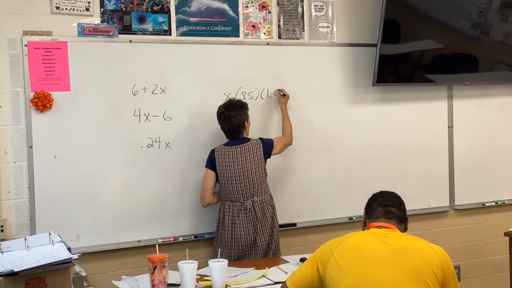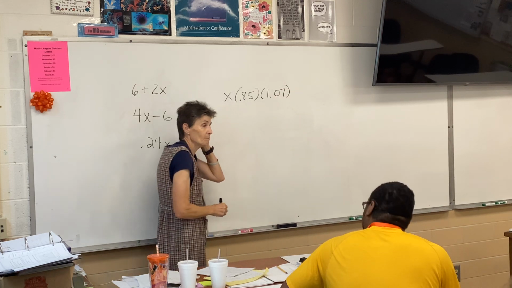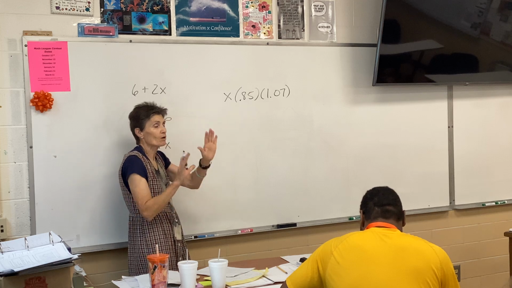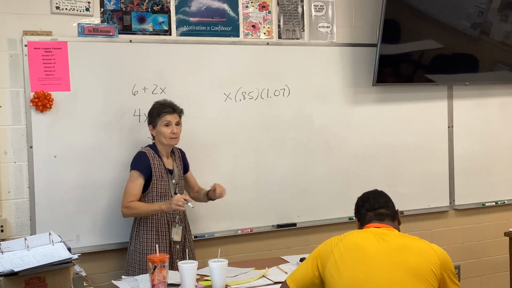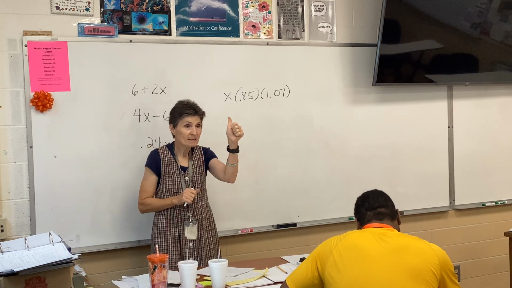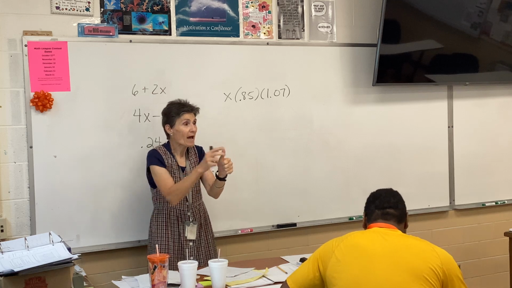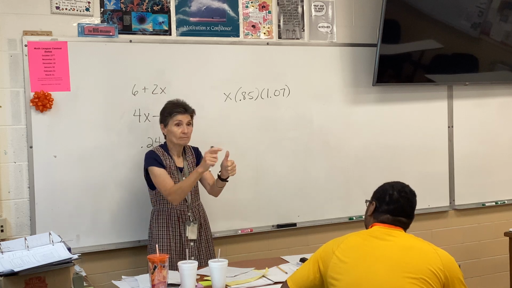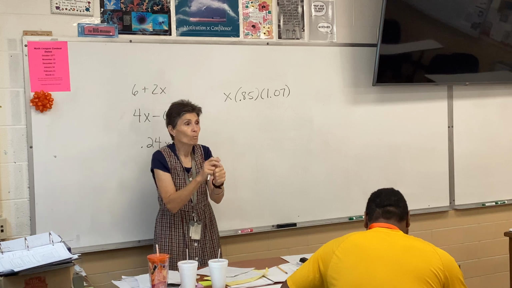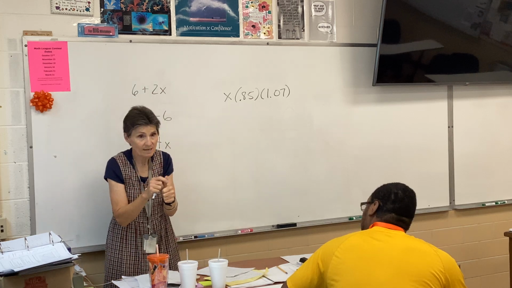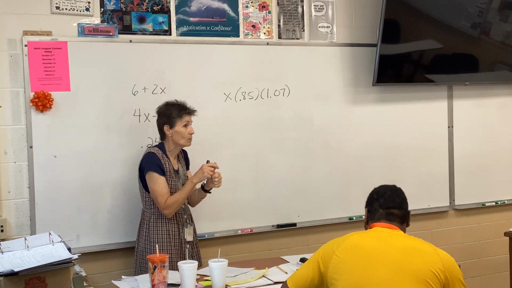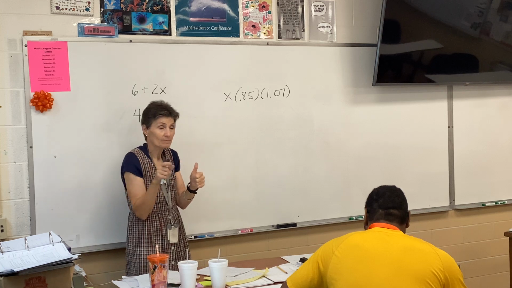I'm going to multiply by 1.07. Now, before you start getting confused, if something is on discount, that comes off the price, right? The discount comes off. What does a tax do? A tax doesn't come off, a tax gets added on.